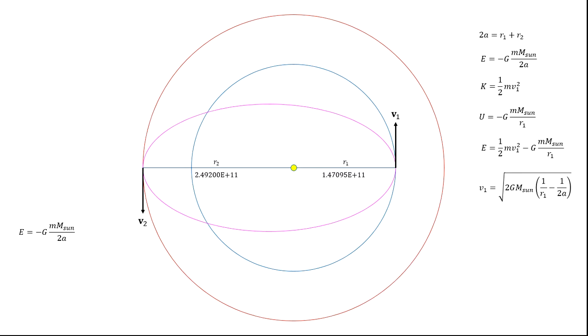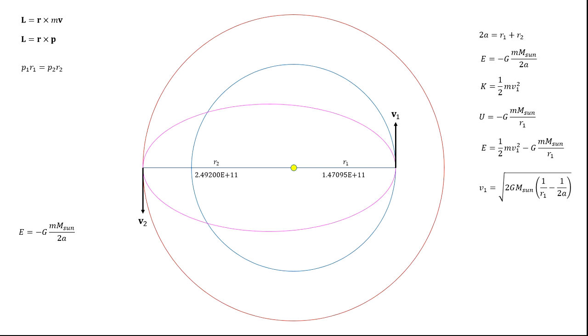Next, we'd like to know the velocity at the aphelion point, v2. Remember that for the orbiting probe, there's a conservation of angular momentum. L, the angular momentum, is r cross mv, or L is r cross p. That implies that the scalar p1 times r1 equals p2 times r2. The momentum times the distance from the pivot point is equal for all points on the ellipse.